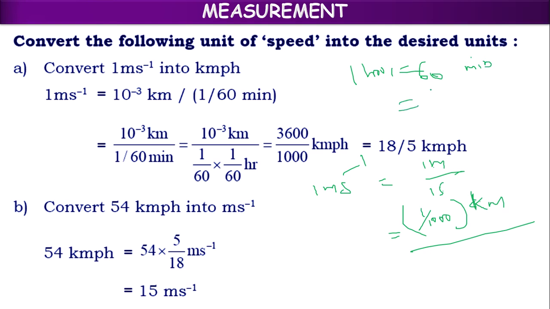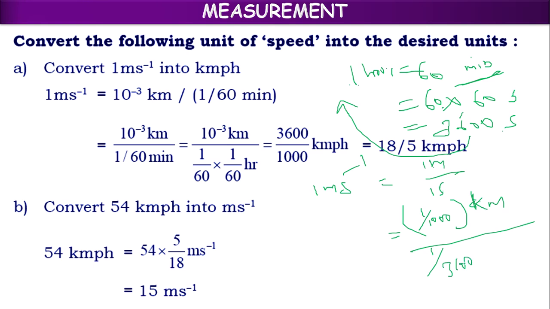Again, each minute is equal to 60 seconds, so 60 into 60 is 3600 seconds. 1 hour equals 3600 seconds. So 1 second equals 1 by 3600 hours. Like this we can write.